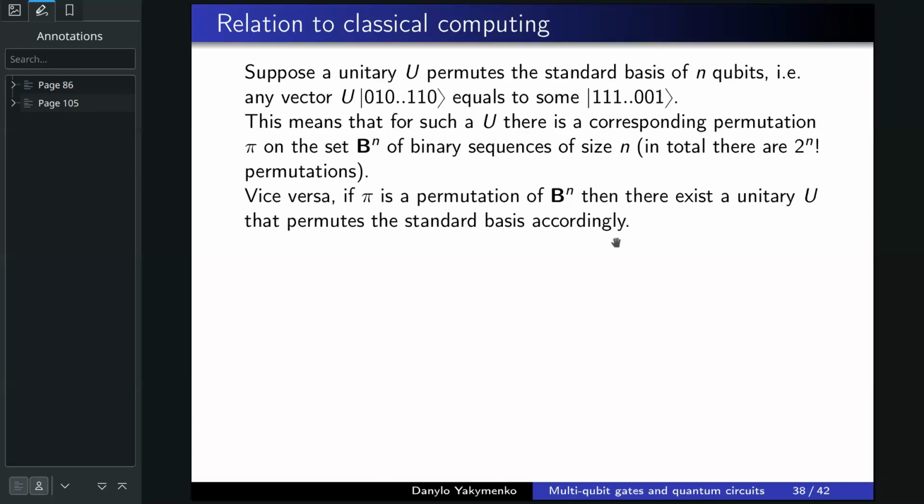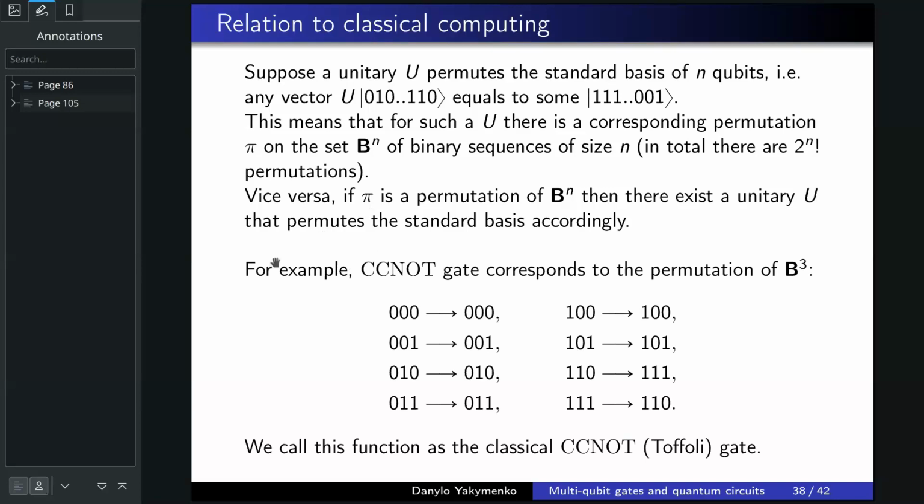So we can just define some unitary that corresponds to this permutation P. For example, the CC-NOT gate that I mentioned before corresponds to a permutation of 3-bit strings, right? This permutation is actually mostly trivial, but only here we have a permutation of these two strings.